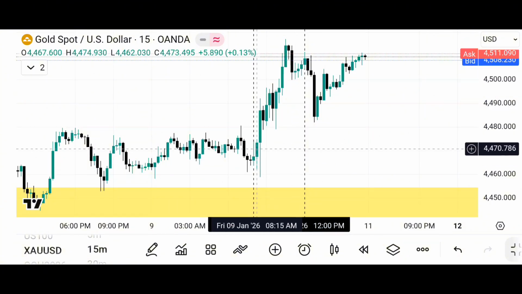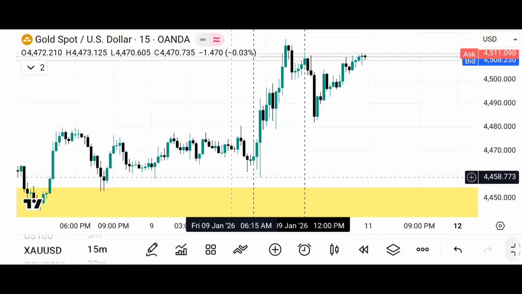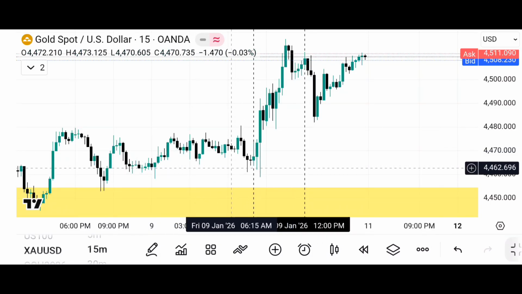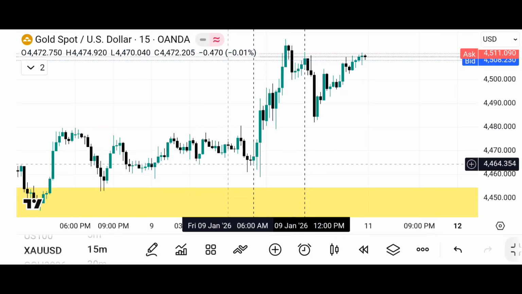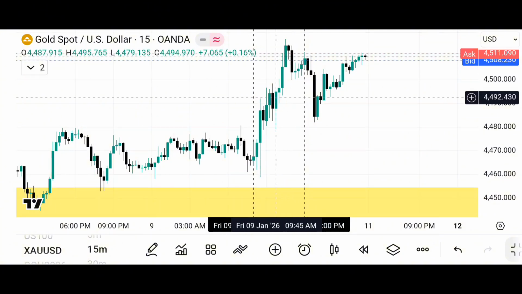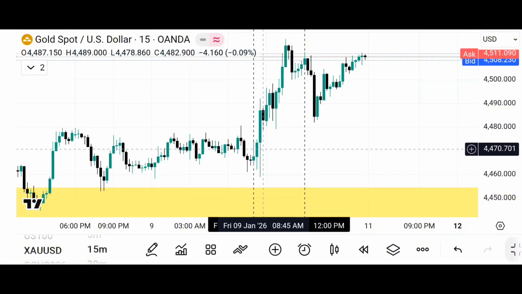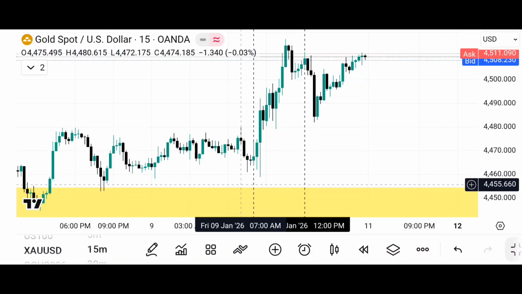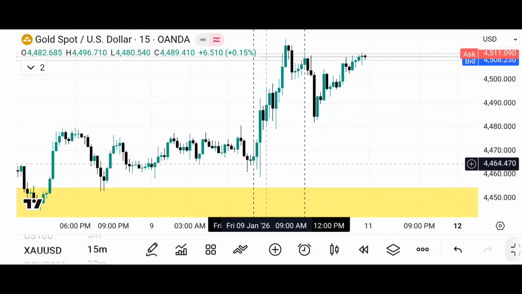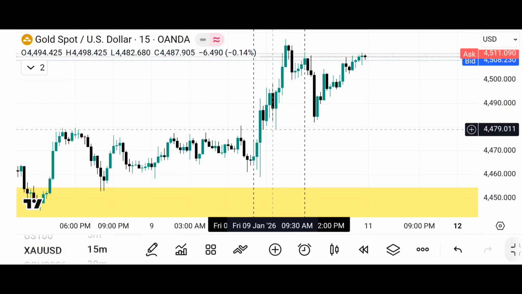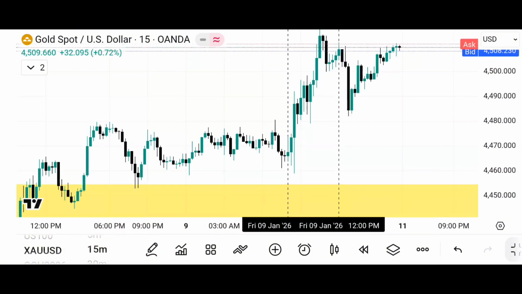So price is likely going to run down to take out sell side liquidity, or it's going to run down to an imbalance in price, to grab liquidity, to run up. That's how price works.